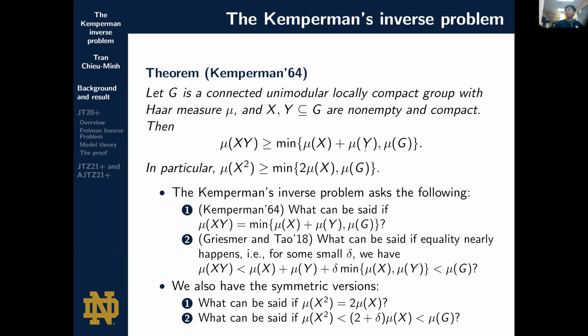Because mu(X) plus mu(Y) is bigger than mu(G). In such a case, you really cannot say anything too interesting about the structure of the sets X and Y, because the equality would be satisfied trivially.